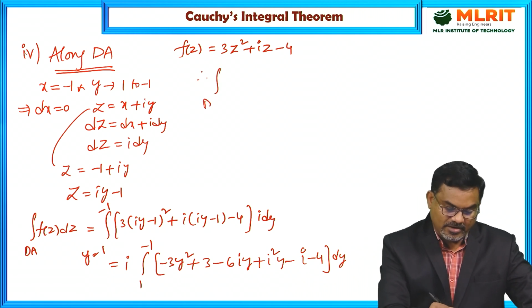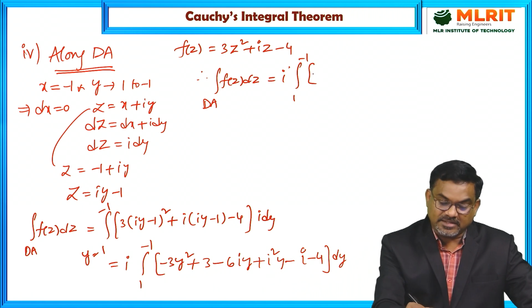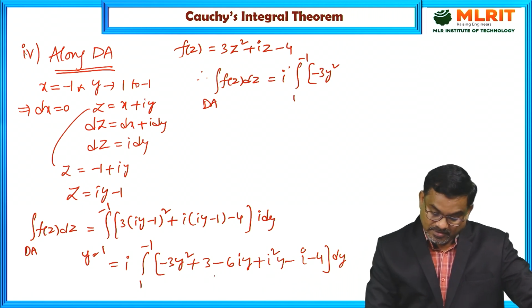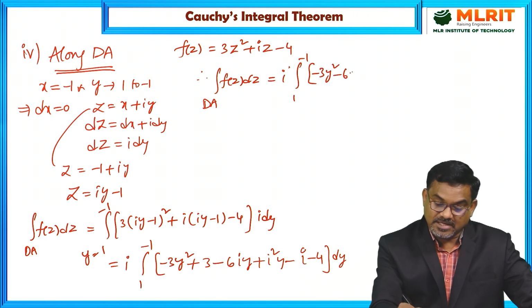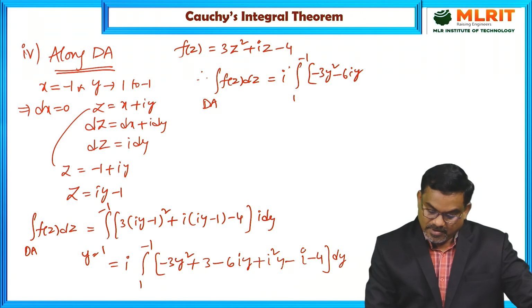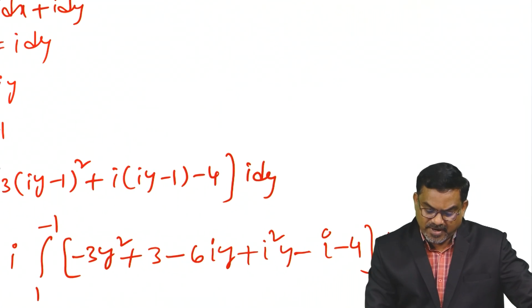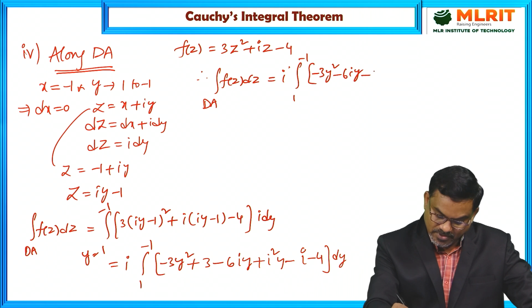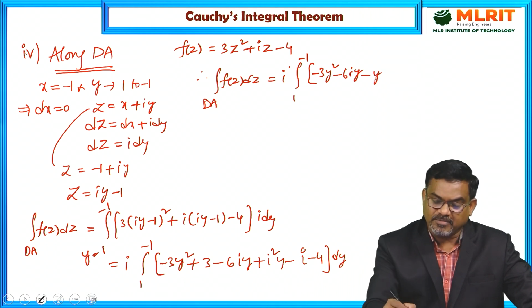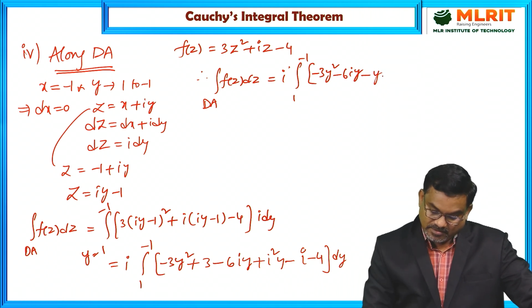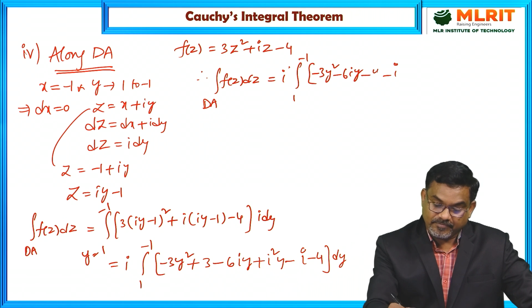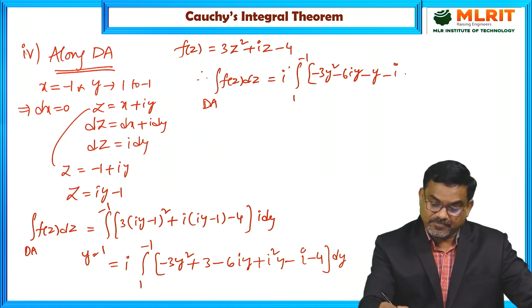So, therefore, along DA the integral of f(z) dz is equal to i into the integral from 1 to minus 1 of minus 3y square minus 6iy plus i square, which is minus 1. So, minus 1 into y, minus y, then minus i, and 3 minus 4 is minus 1, dy.